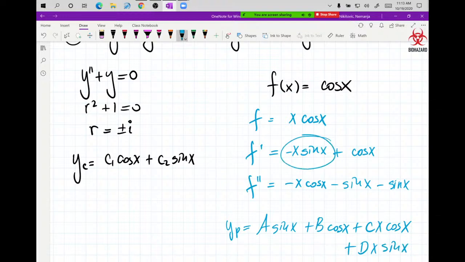We have x sine x, we have x cosine x, a single cosine, a single sine, so we actually have 4 of these now.